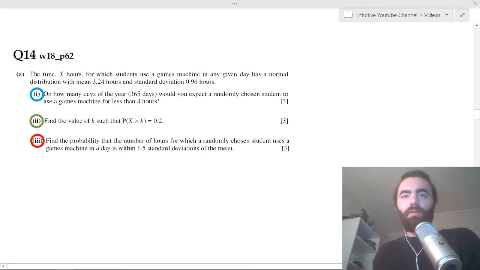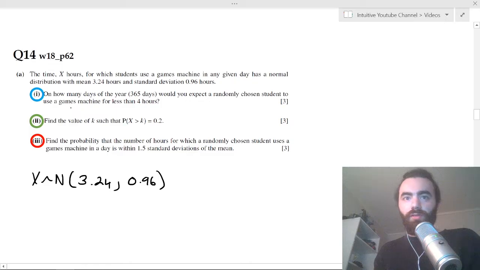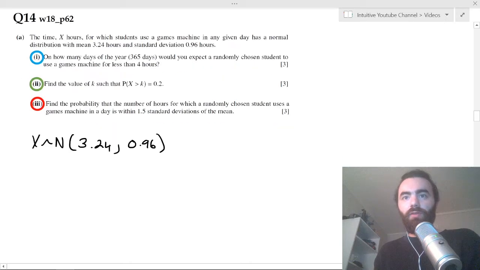The time x in hours for which students use a game machine in any given day is normally distributed. So again, we draw this out. It's normally distributed with a mean of 3.24 and a standard deviation of 0.96. And it wants us to find the expected number in a year of students that use the game machine for less than 4 hours.